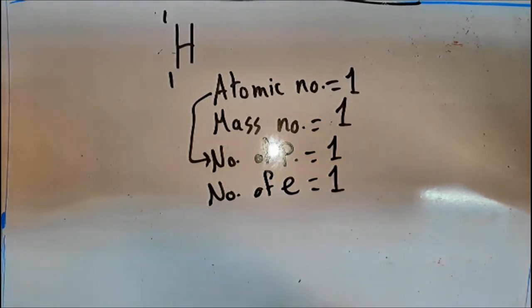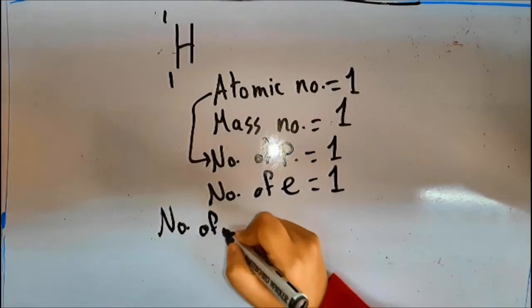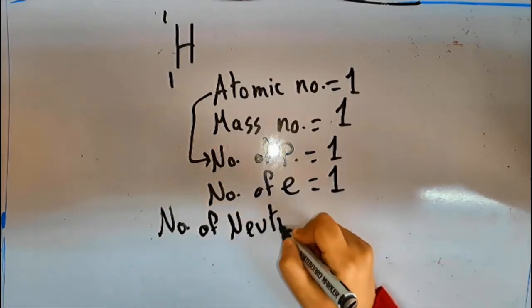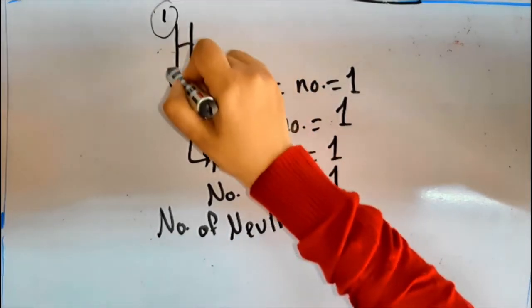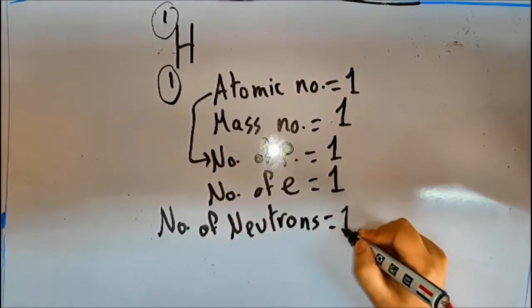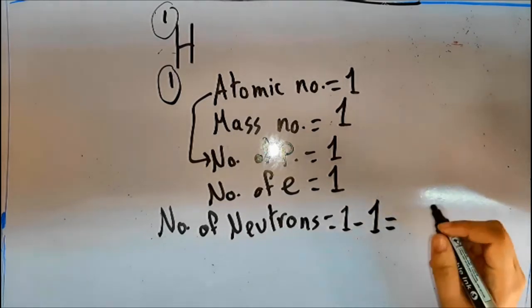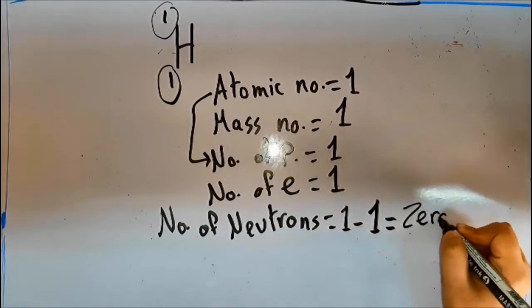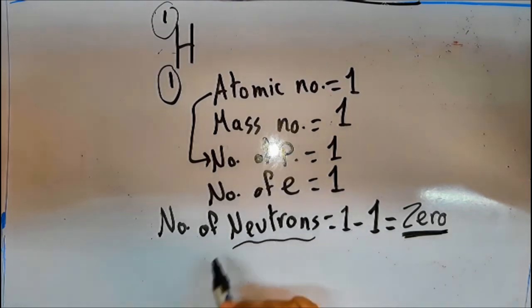If I want to calculate the number of neutrons, I should make mass number minus atomic number. I will find that the number of neutrons in hydrogen is 0. The hydrogen atom is the only atom which has no neutrons.